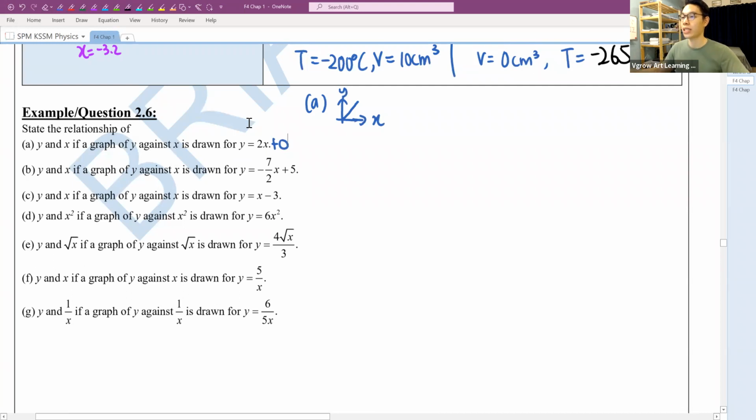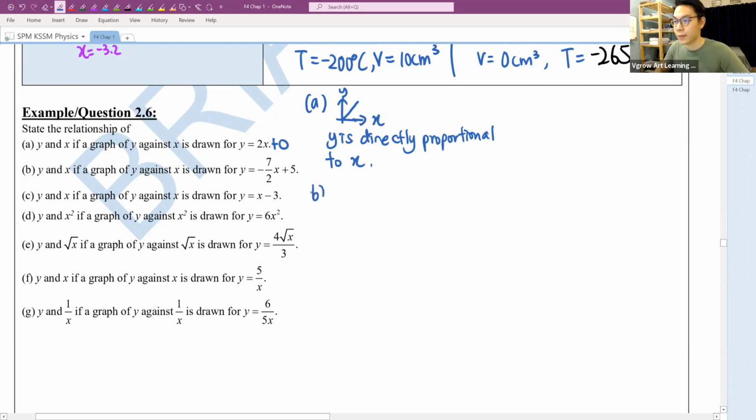The gradient is a positive value, look like this. And also, the y-intercept is 0. So this is your graph. So the relationship of y and x is y is directly proportional to x. Okay, y is directly proportional to x.